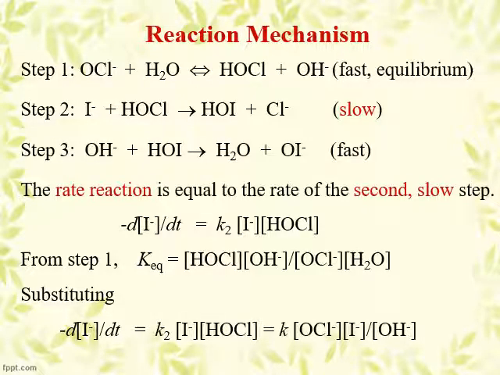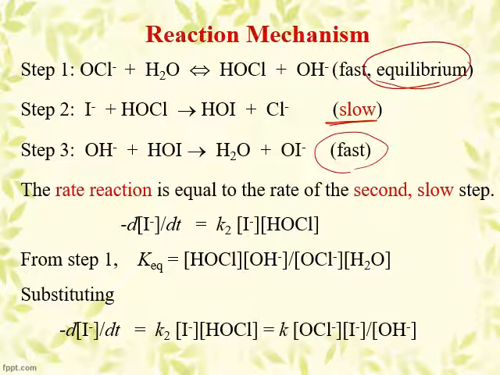These are the possible reaction mechanisms for the hypochlorite iodide reaction. So 3 steps. Step 1 is fast equilibrium. Step 2 is the slow rate determining step. And step 3 is fast.